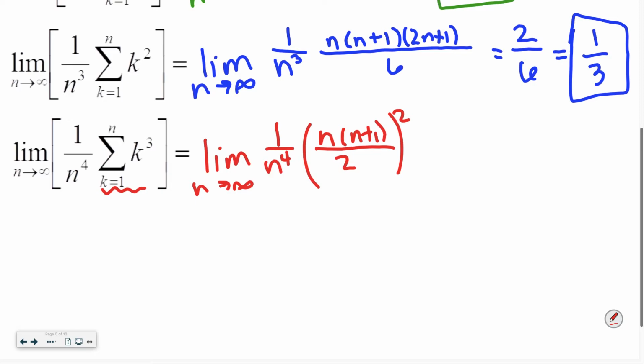What is the degree of the numerator? Okay, we have a 4th degree upstairs. What about downstairs? A 4th degree. So since we're going towards infinity, we can look at the coefficients, and that will tell us where our horizontal asymptote is. What is the coefficient of n to the 4th in the numerator? How about the denominator?